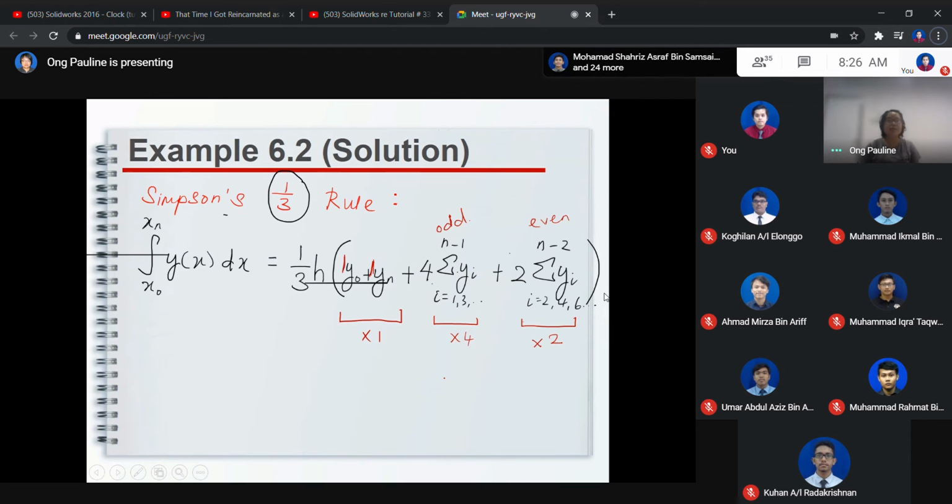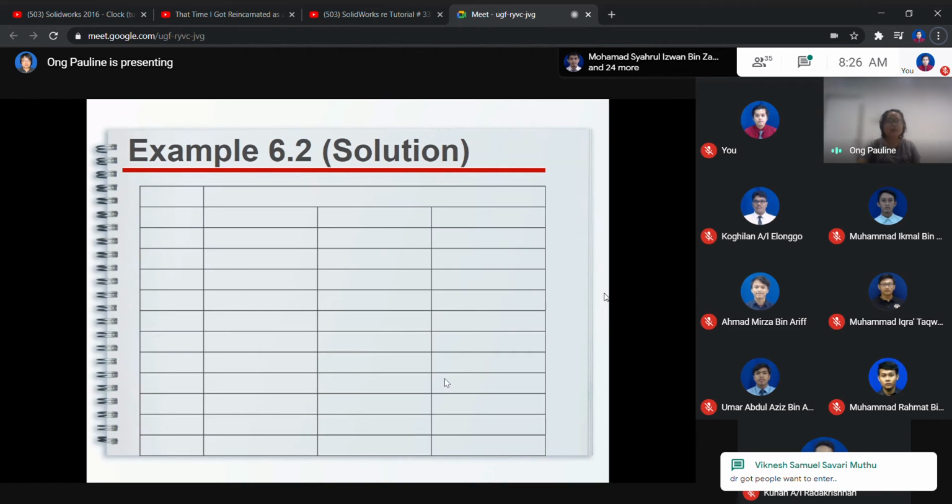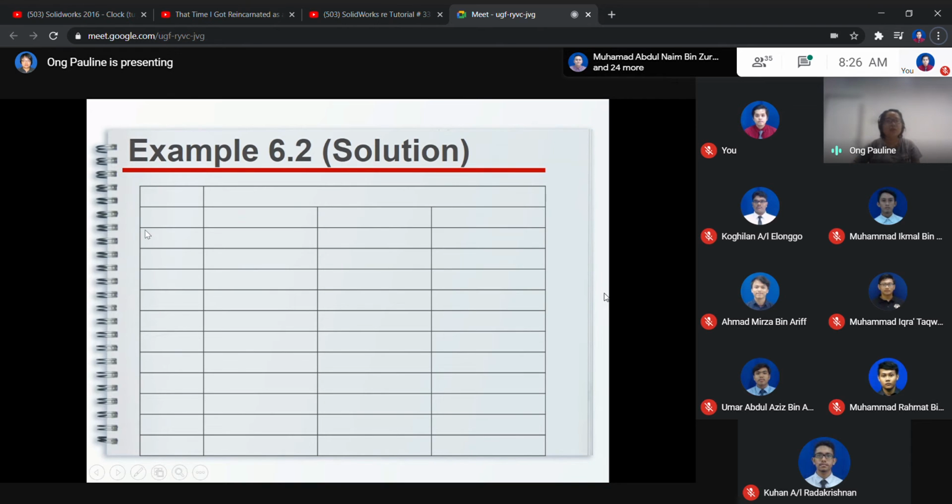Therefore, when we solve Simpson's 1 over 3 rule, this is the table that we will develop. So you draw this table first.